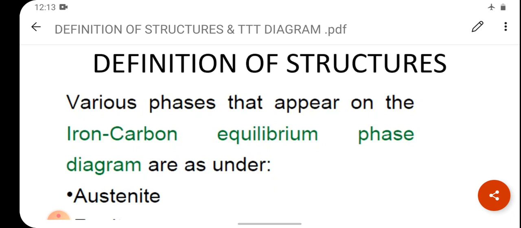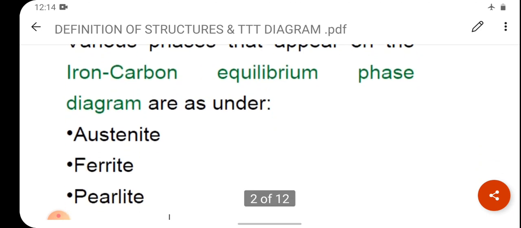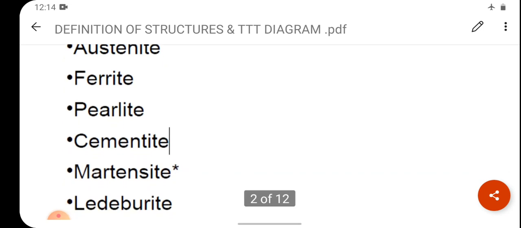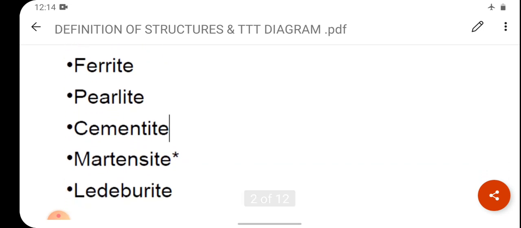So various phases that appear on the iron carbon equilibrium phase diagram are as under, already explained in the previous video lecture: first austenite, second one is ferrite, third one is perlite, fourth one is cementite, and a new term in this video lecture, that is martensite.